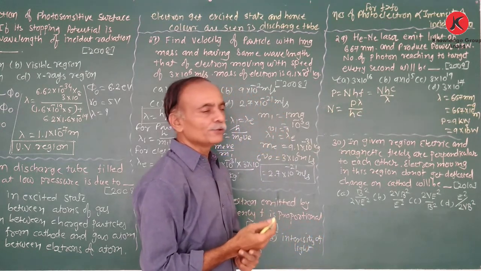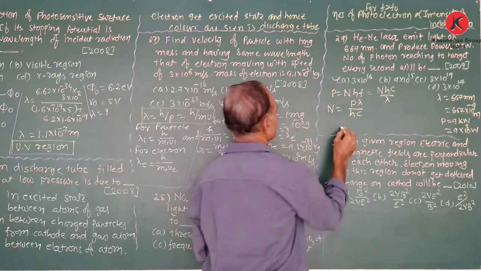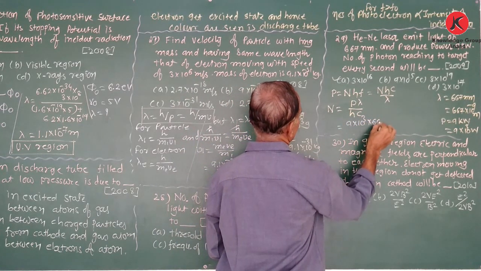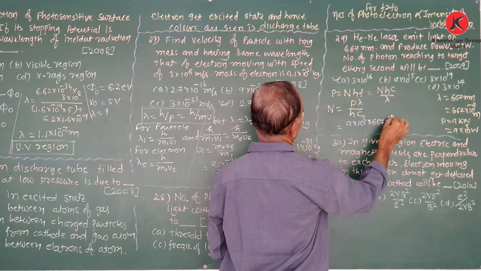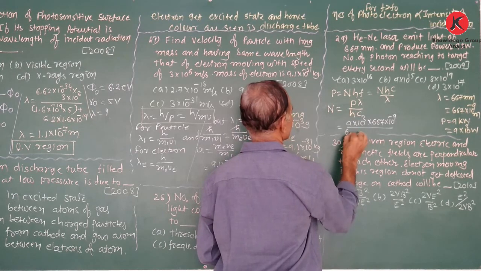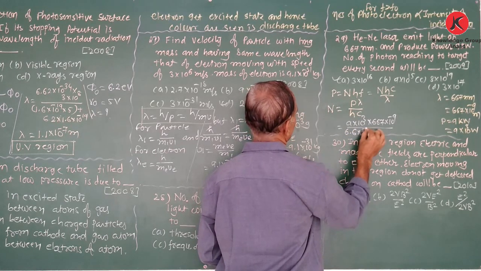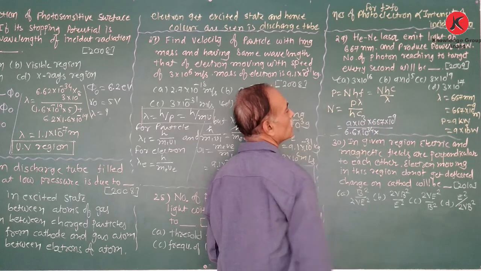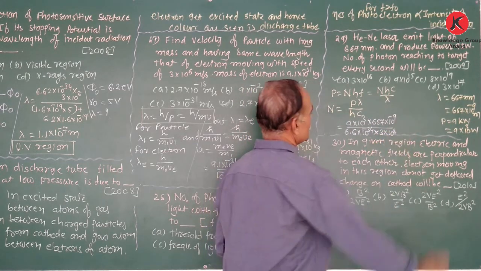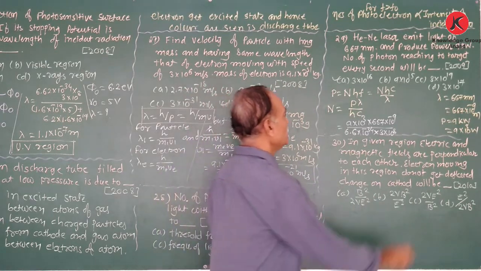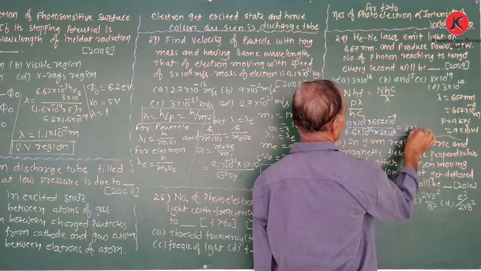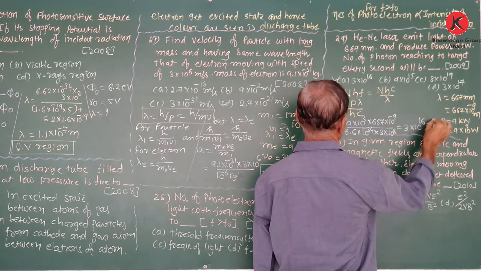Now we substitute the values: power is 9 into 10 to the power 3, wavelength is 667 into 10 to the power minus 9, Planck's constant 6.6 into 10 to the power minus 34, and c is 3 into 10 to the power 8. As we simplify, we obtain the number of photons produced per second is 3 into 10 to the power 16 per second.